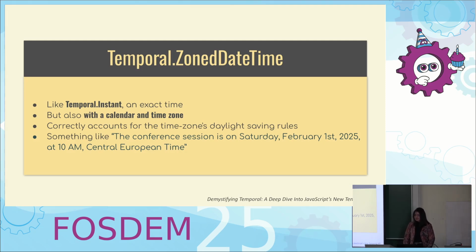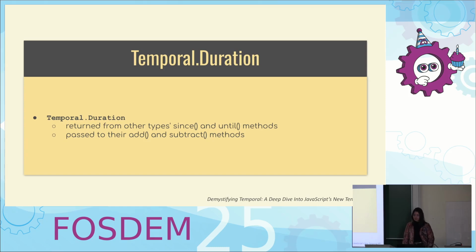So we call ZonedDateTime something that represents an event that has happened at a place on Earth or will happen at a place on Earth. And there's also one other type called Temporal.Duration, and this is mostly used for arithmetic. I will talk more about the arithmetic later when we walk through the code examples.